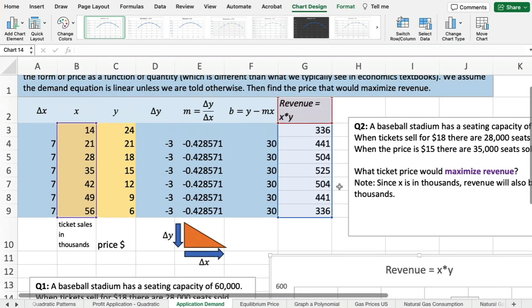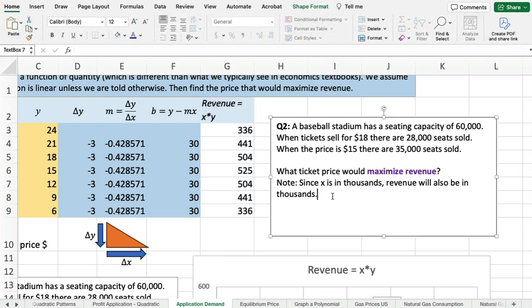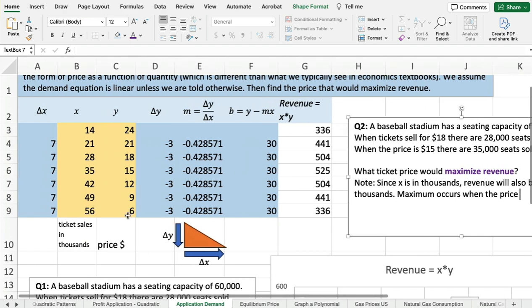So we can answer our question. We see that the maximum occurs when the price, which is our y value, is, let's look up in the table, at that point when our revenue was 525,000, the price under the y is 15.